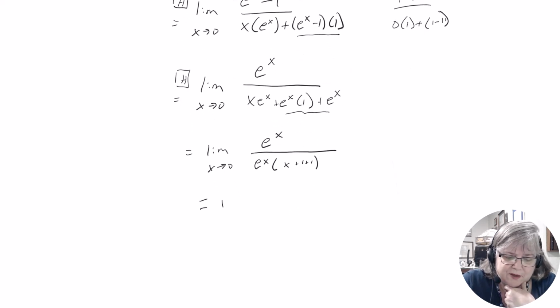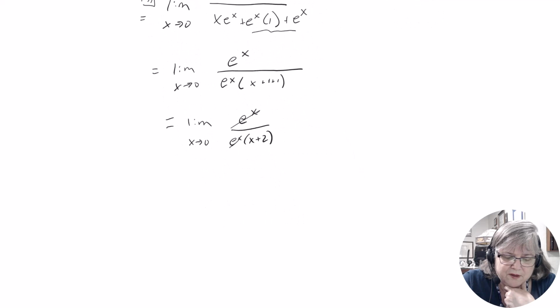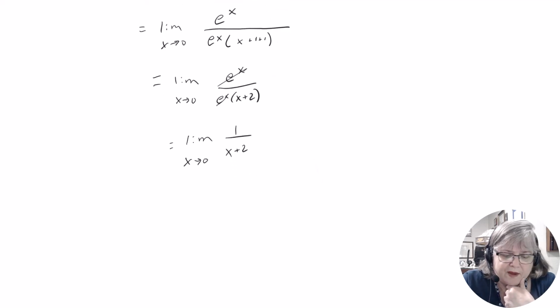So this is actually e to the x over e to the x, x plus 2. And these cancel. So it's the limit as x goes to 0 of 1 over x plus 2. Okay, and when x is 0, you have 1 over 2.